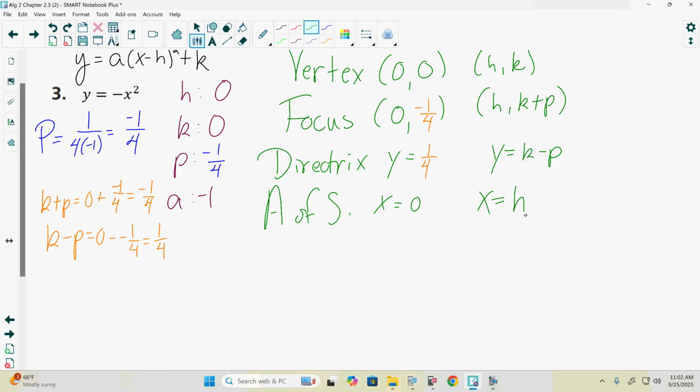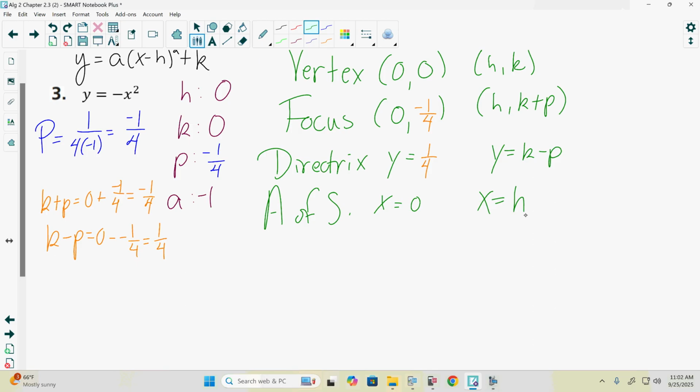So even though the vertex is at the origin, did this change really anything that we're doing? No. Now, this note sheet did give you new equations, quote unquote. But all it did was take the equations we've been using all week and stick in 0 and 0 for h and k. So it simplified it down, just told us the vertex is 0, 0.